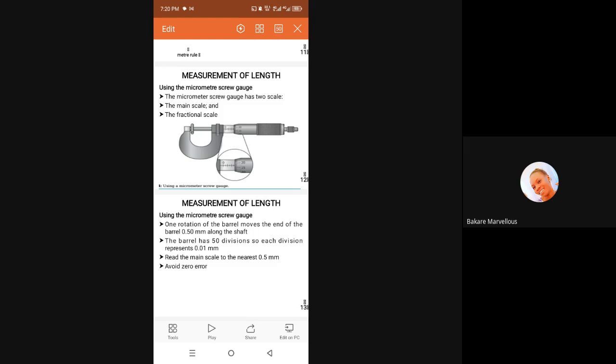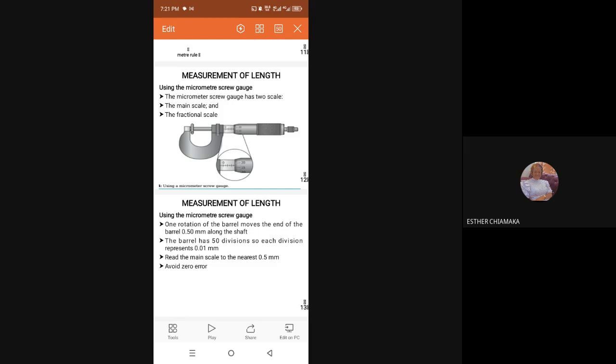Okay, so now when you are taking measurement with the micrometer screw gauge, your reading will have two decimal places if it is in mm. But if it is in cm, how many decimal places? One decimal.